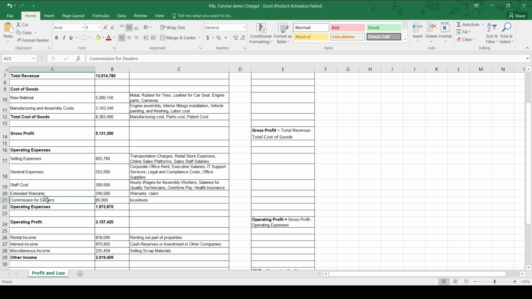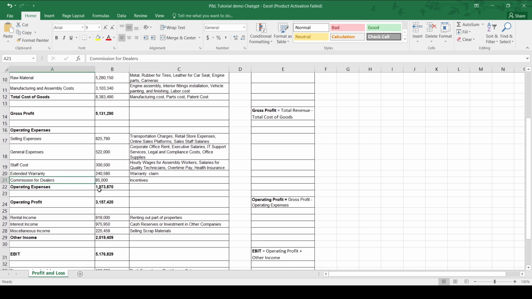If the cars are under warranty, the company must cover repair and maintenance costs, which are included in the extended warranty expenses. To incentivize the dealers, companies often pay commission based on the car sales, which comes under the commission for dealer expenses. When we sum up all these accounts, we get our total operating expenses.